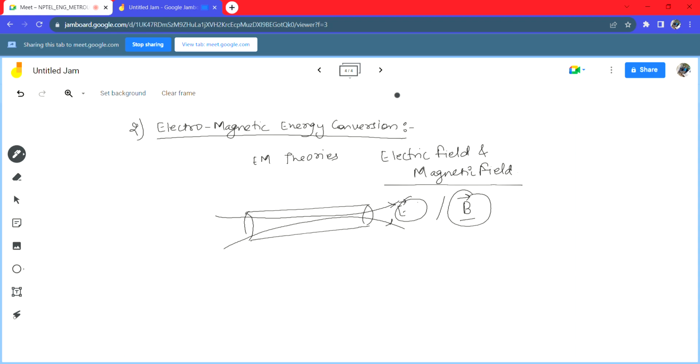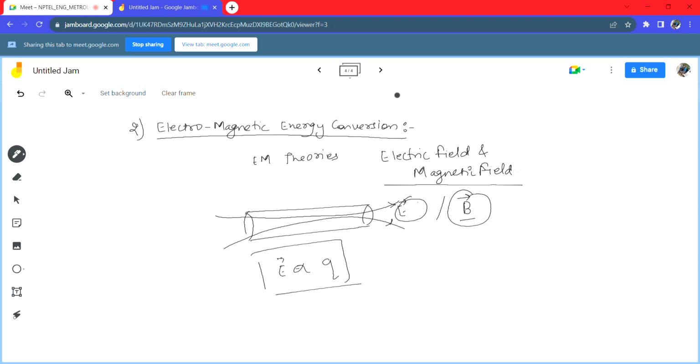Because say if this is the direction of the field and there is electric field, E is equal to, say, let us not write the formula per se, so E is proportional to the charge that is being flown.